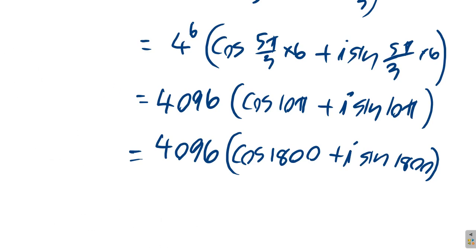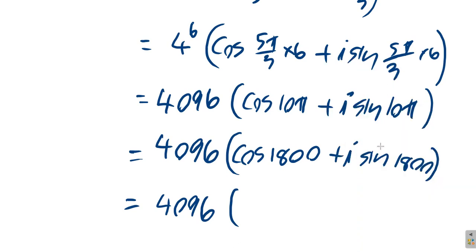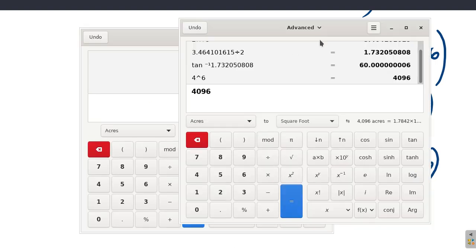Alright, so here we have 4096 times cos 1800. Let us see.